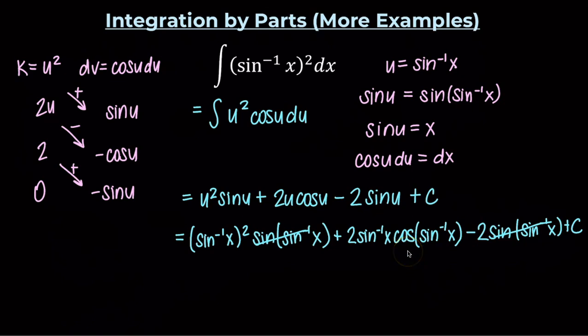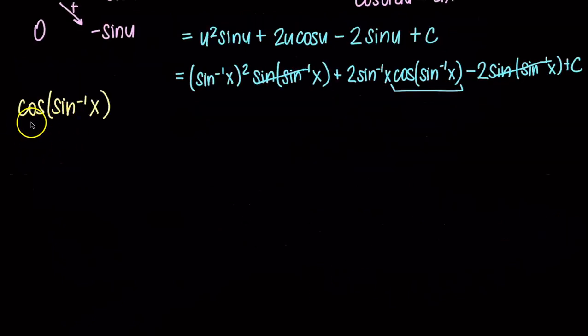But this part right here, cosine of sine inverse of x, this is more of a trig review than anything else. We're going to pull that off to the side and think about how we can turn that into an algebraic expression. All right, so here let's just look at cosine of sine inverse of x. When we think about an inverse trig function, what we're thinking usually is that the answer is an angle.